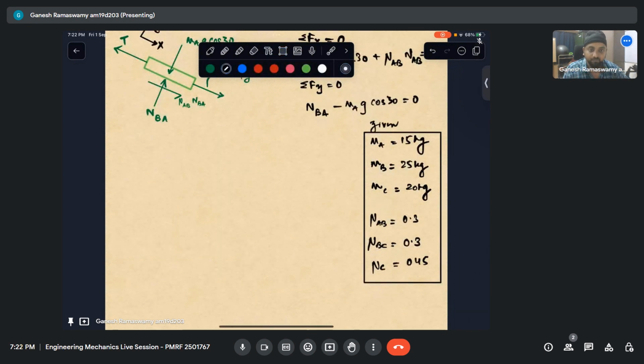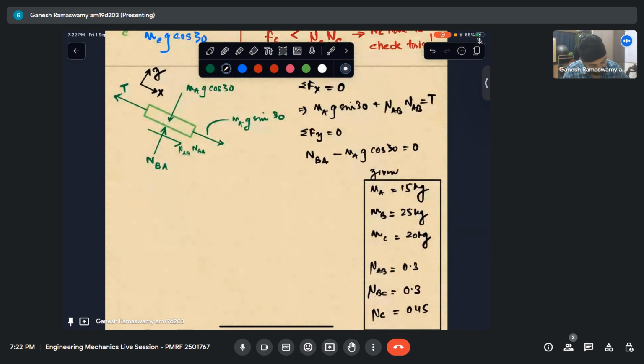Okay, so let us quickly solve this. MA. So this is 15 g sin 30 plus 0.3 N_AB equaling T. And the second one is, or let me rearrange this into a matrix equation.